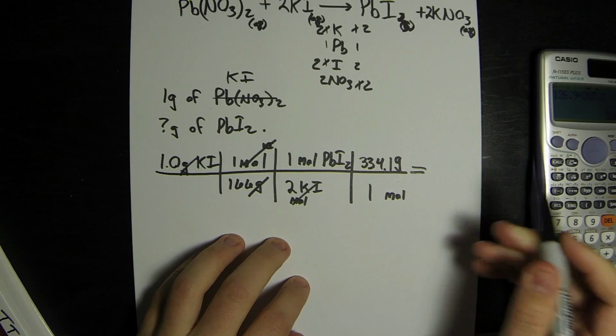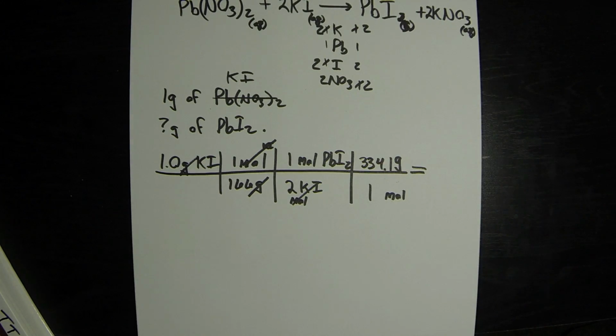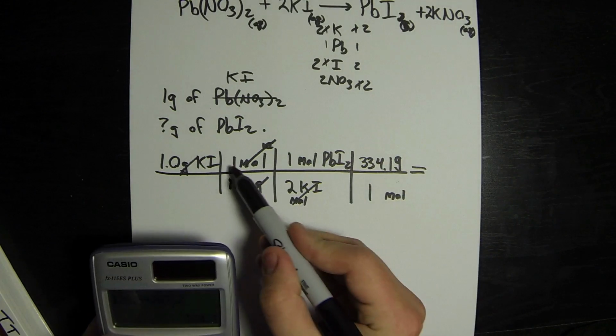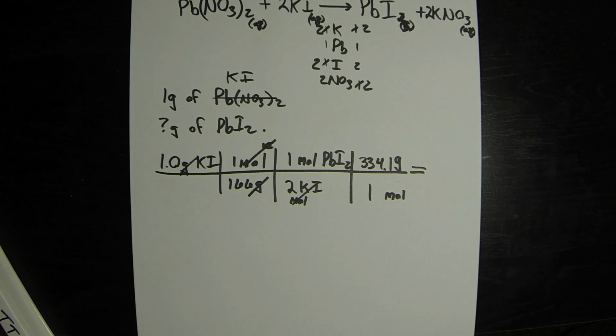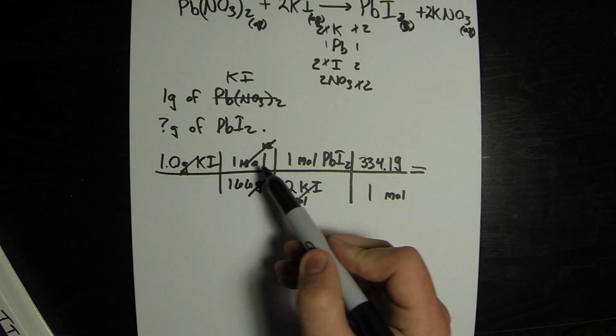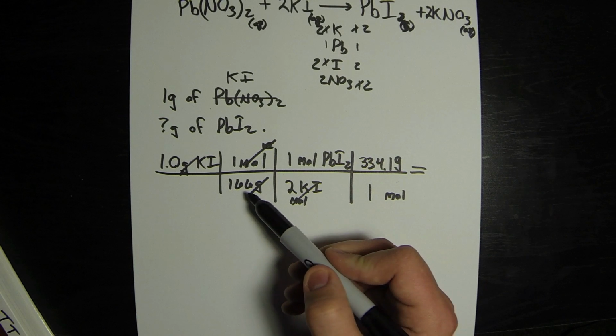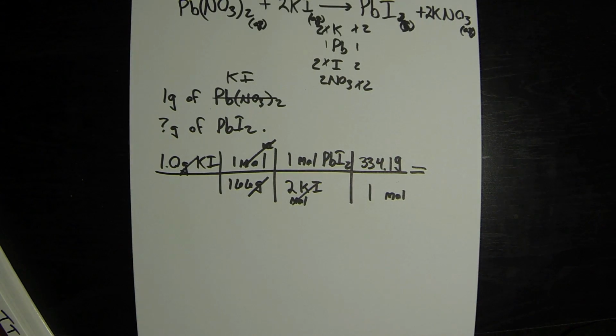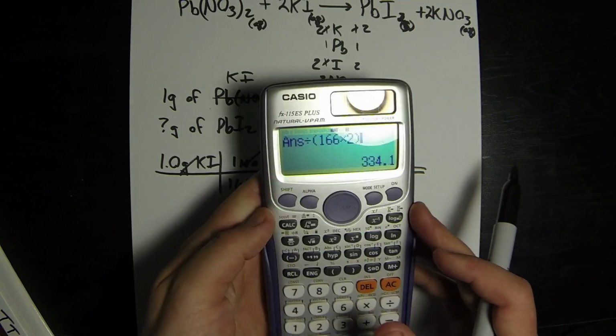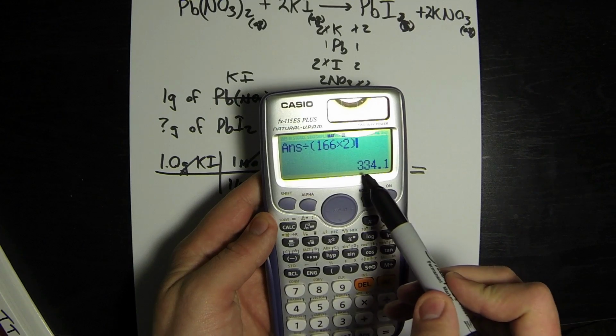And so now all we have to do is multiply the top divided by all the bottom multiplied, which everything here is a 1 times a 1 times a 1 times a 334.1 divided by 166 times 2. So literally, when I'm putting it in my calculator, that ANS just stands for this 334.